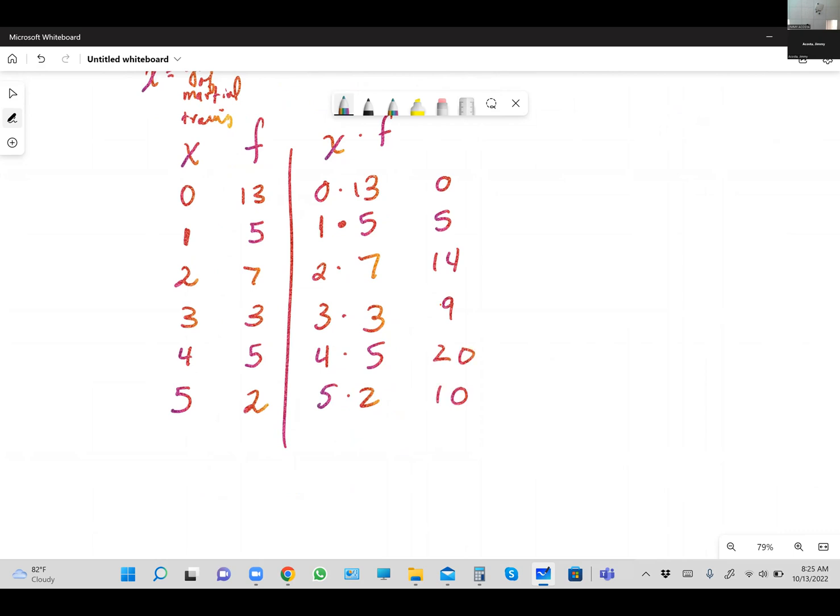0 plus 5 is 5, plus 14 is 19. 19 plus 9 is 28. 28 plus 20 is 48, plus 10, 58. I think this adds up to 58.